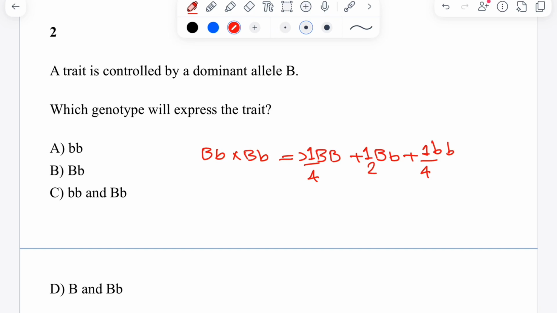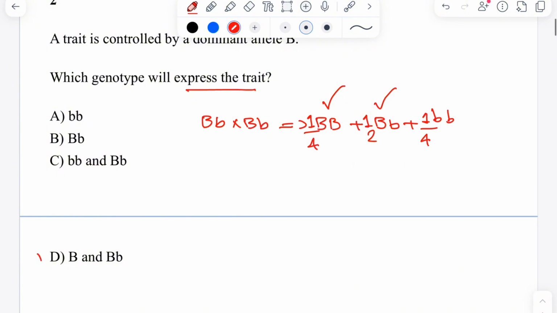Which genotype will express the trait? Only this one and this one express the trait. So option D.